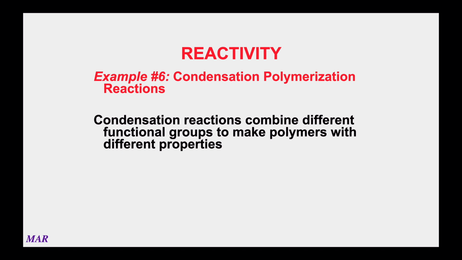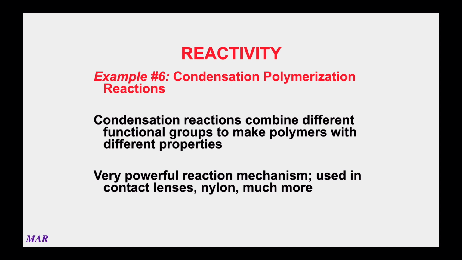In a condensation reaction, you can actually have different parts with different properties, like more polar, less polar, maybe acidic, or something like that. Pretty cool uses. If you've ever worn contact lenses, you have definitely used the result of condensation polymerization reactions. Nylon is also a function of this kind of stuff, so there's some cool uses for it.